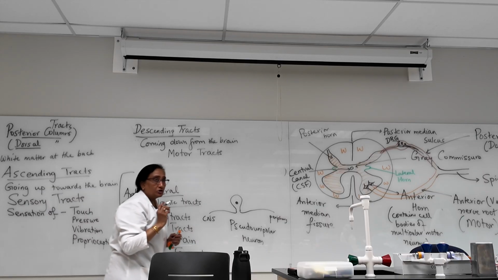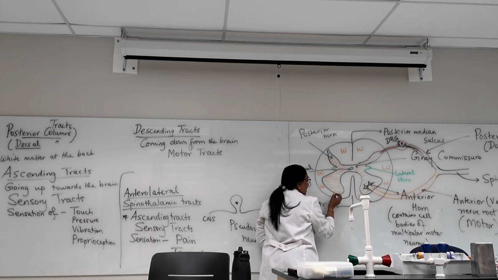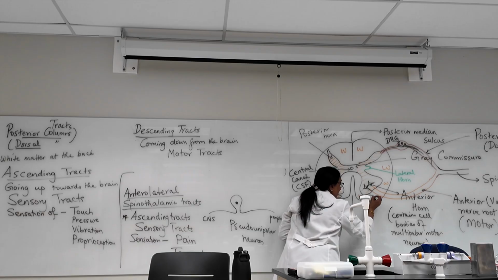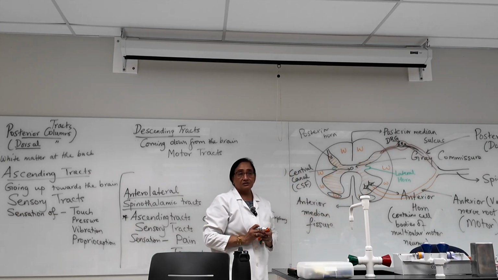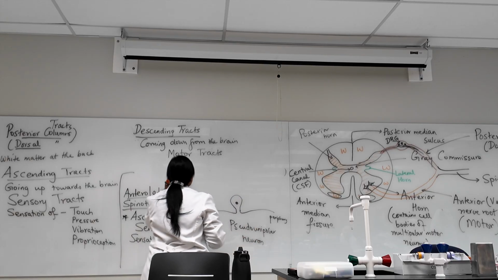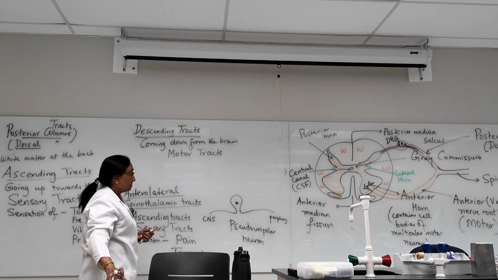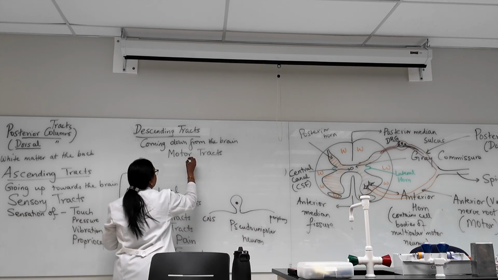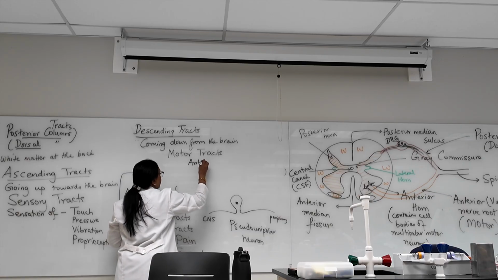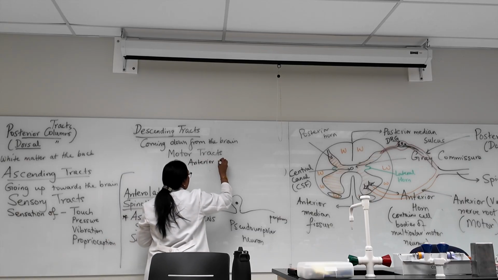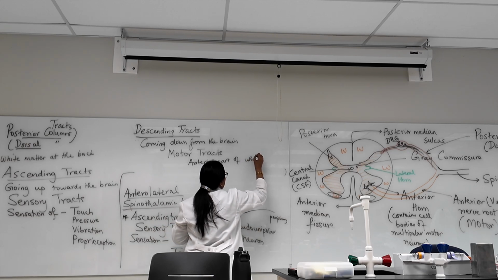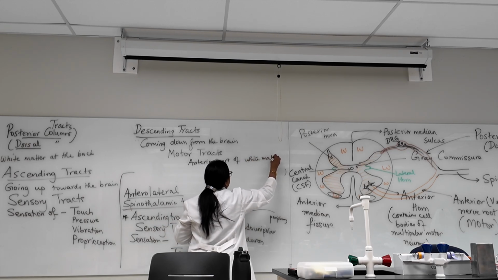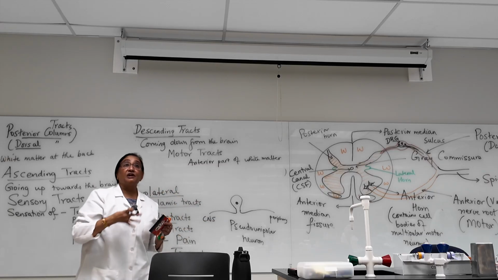And the most important of them is found here in the front. It's found in the white matter in the front. Anterior part of white matter, which is where you will see this, okay, the front.